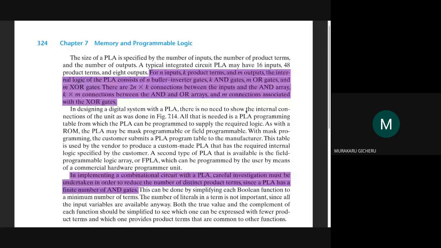There are 2n by k connections between the inputs and the AND array, k by m connections between the AND and OR arrays, and m connections associated with the XOR gates.